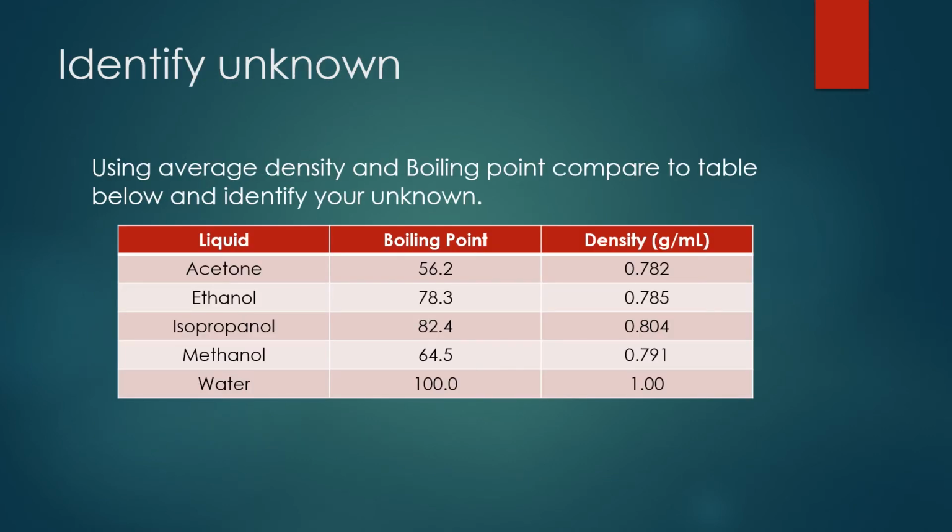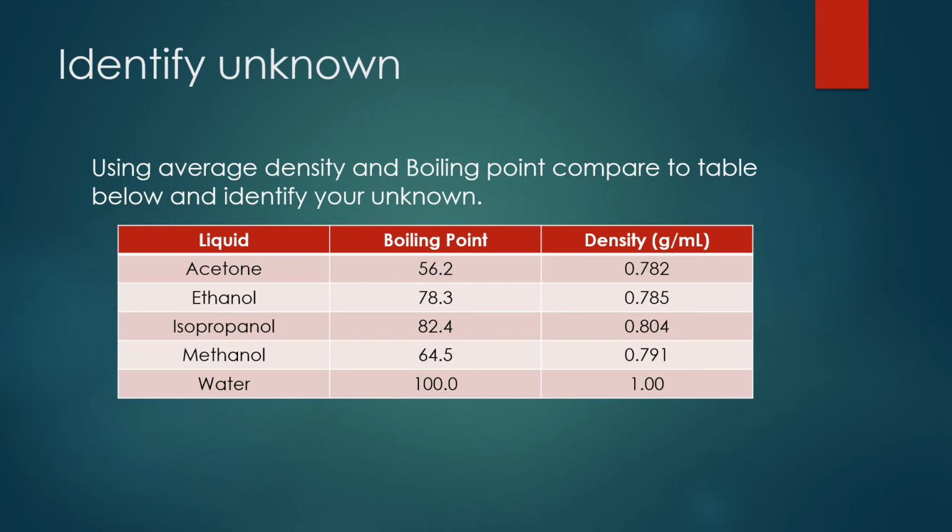Now that we have all the data we need, we're going to identify our unknown. So there is an unknown liquid key on page 15, and I have the same key posted in this table here. So you're going to compare the values that you got for average density and boiling point to the values in the table, and based off of those values, you can identify what your unknown liquid is.